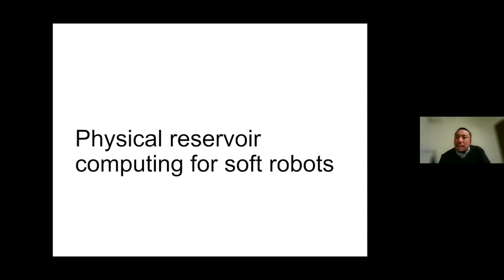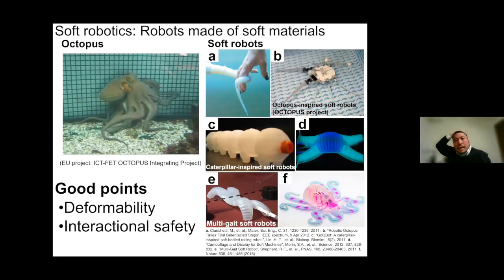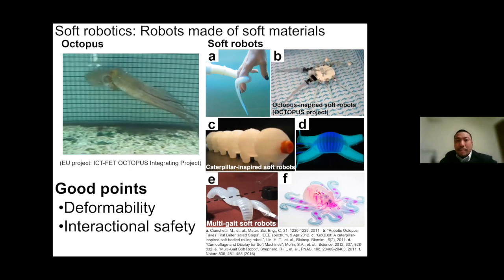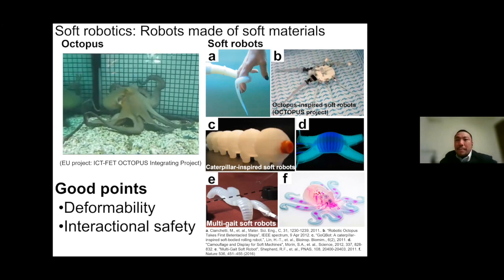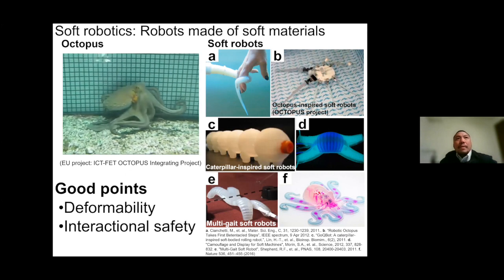Okay, so let's check what happens if we combine these two concepts. And I would like to introduce the concept of physical reservoir computing. So we have soft robotics. We have lots of soft robots developed worldwide recently, and there are lots of good points.